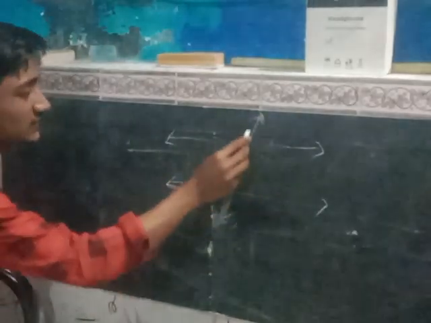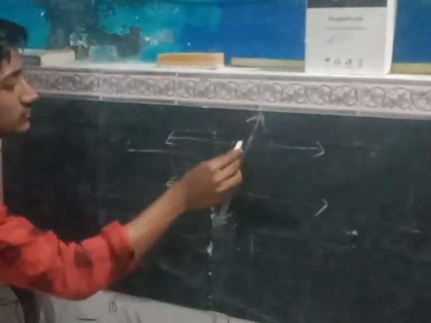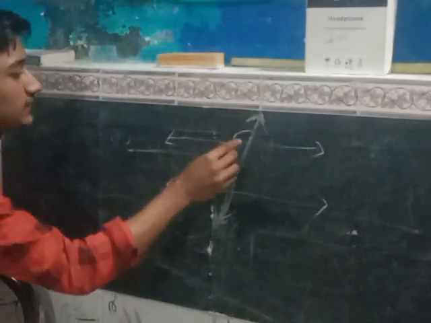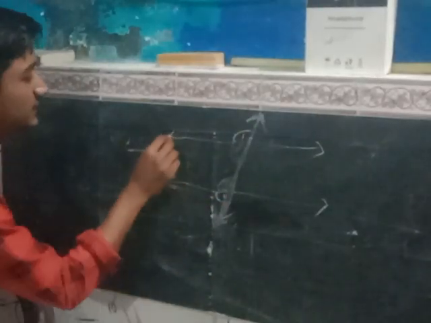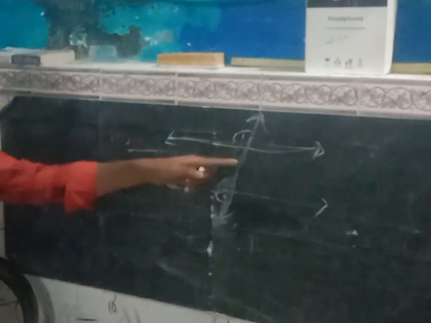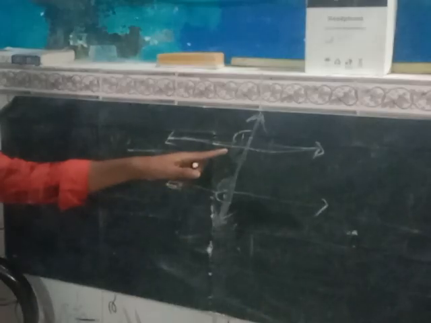So this is the transversal line. One can be here and the other one can be here. And if we take this line as a transversal, I think they... no, this cannot be a transversal. Here they say a line cutting two parallel lines.